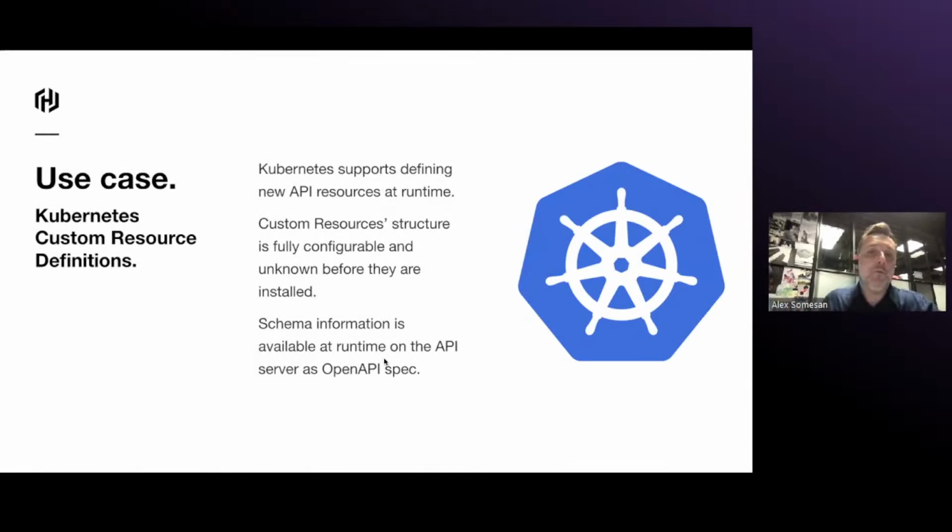Okay, so why would you do that? I hear you asking. Our use case, and the one that I found the most interesting, is for implementing Kubernetes custom resource definitions in Terraform. By nature, Kubernetes supports defining new resources in the API at runtime.